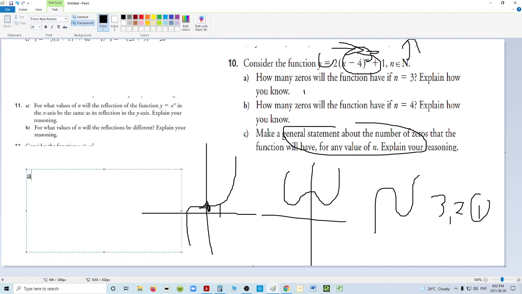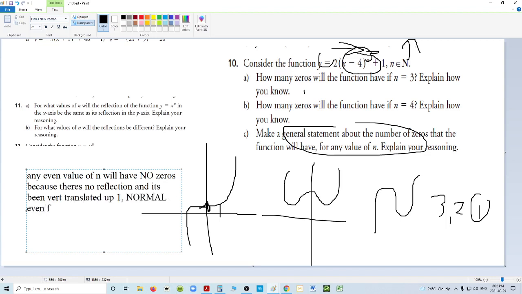any even value of n will have no zeros because it's positive, because there's no reflection, and it's been vertically translated up 1. Normal even functions would only have one x-intercept, in this case, because they're all the same root.